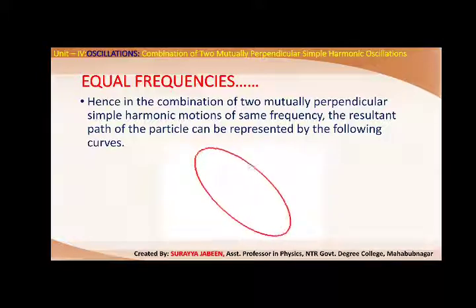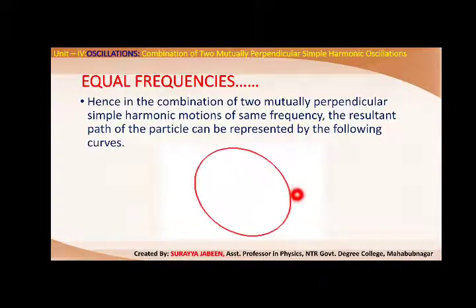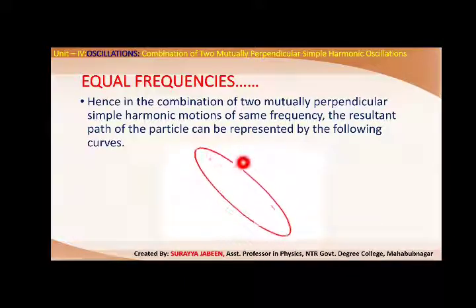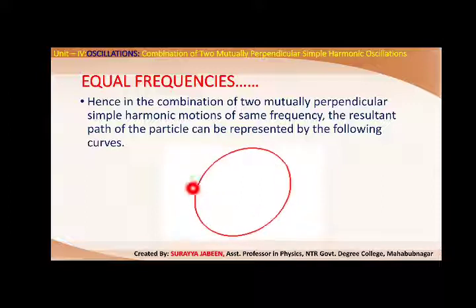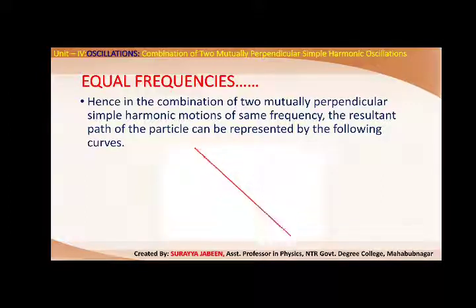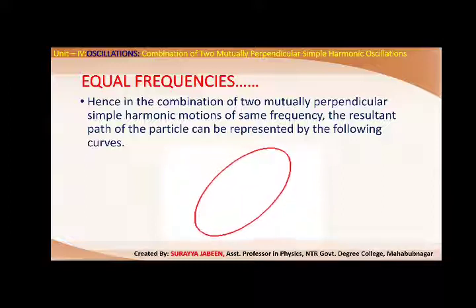So in this curve you can see all the combination of 8 curves: two straight lines, ellipse, oblique ellipse, ellipse, and circle also. These are called Lissajous figures. A name given to this type of curves is Lissajous figures.